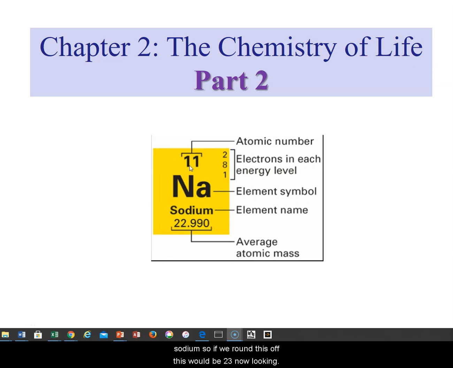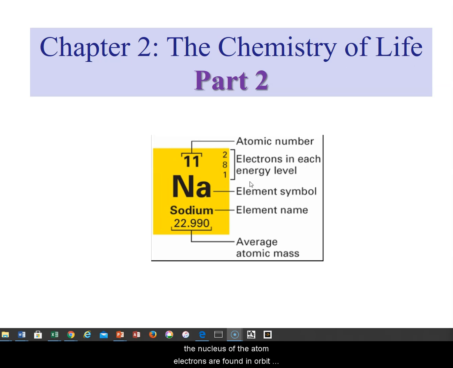Now, looking at the number of protons, if it's a neutral atom, no charge, then we're going to have the same number of negative charges as we do positive charges. Remember, protons are positively charged, and they're found in the nucleus of the atom. Electrons are found in orbit around the nucleus.